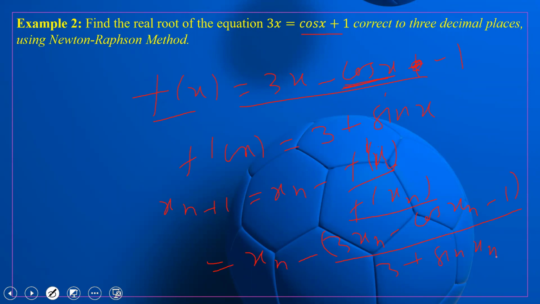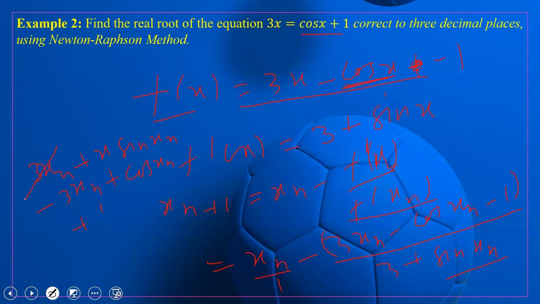Now if we take the LCM, we get 3xn plus xn sin xn minus 3xn plus cos xn plus 1.